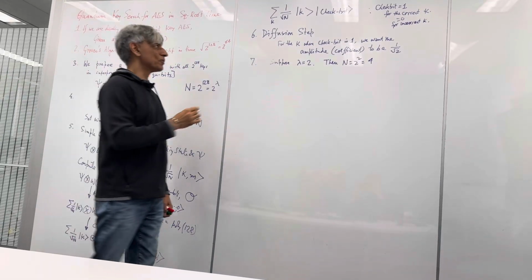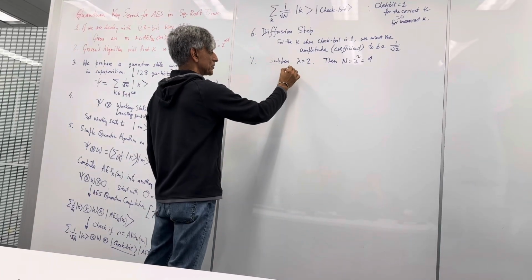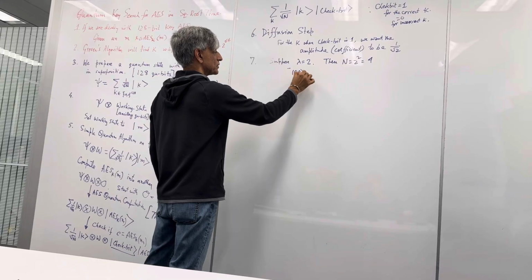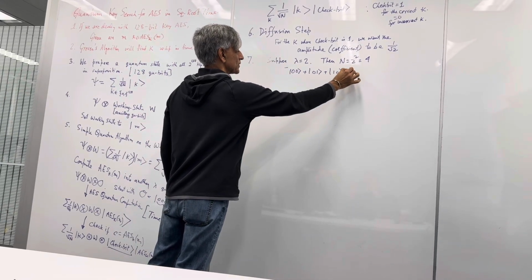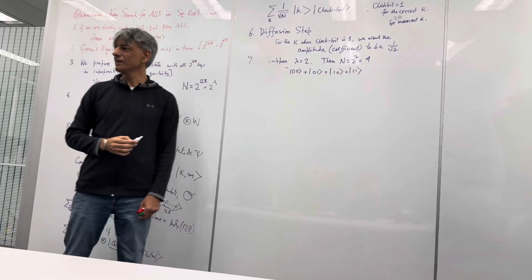Okay, so for example, you could be in a state which looks like |00> plus |01> plus |10> plus |11>, right?